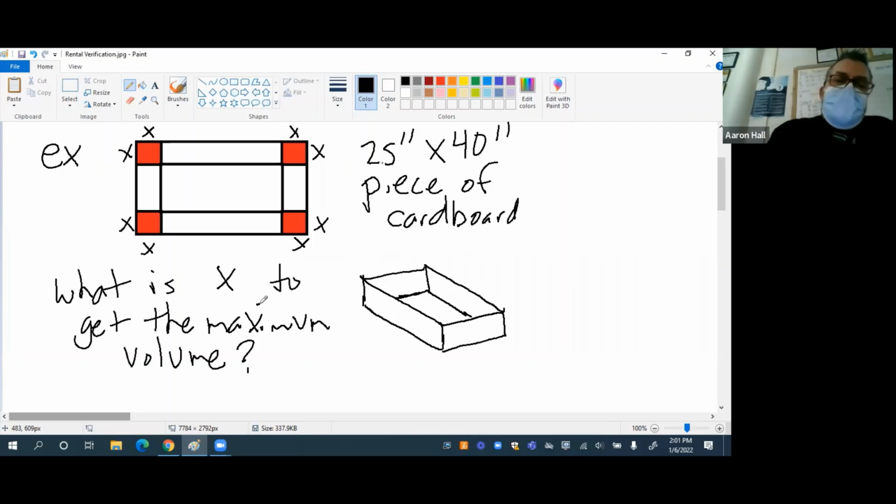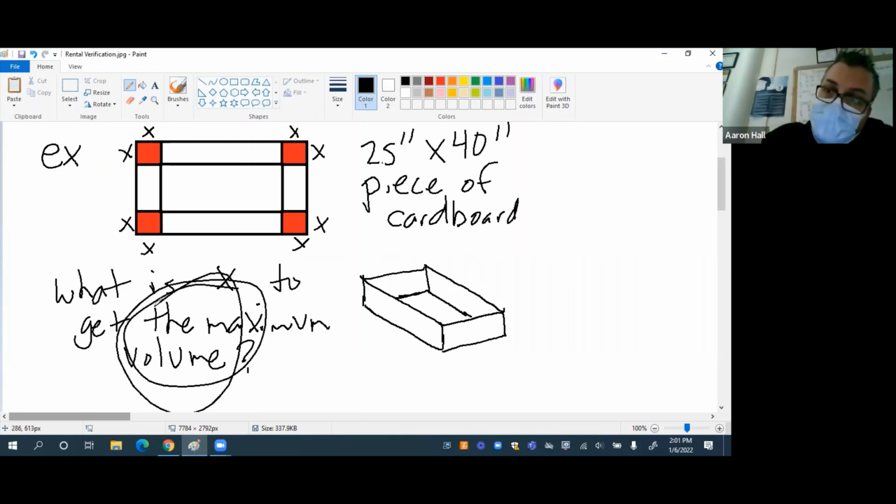All right, well, if I need to find X to get the maximum volume, then I probably need to know the volume equation.